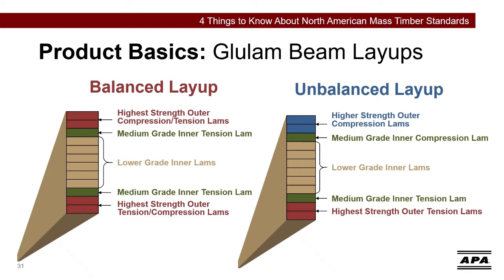Looking at the layup of an unbalanced beam, they have unequal capacity in positive and negative bending, and are primarily for use in simple beams or short cantilevers. Because of this unequal capacity, unbalanced beams have a top and a bottom and must be installed correctly.